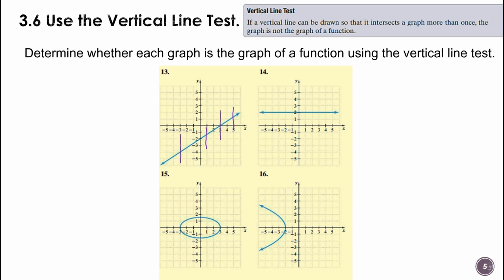So it is actually a fact that a line, unless it's vertical, is always going to be a function. So this one's a function. And if I said why, it's because each input has exactly one output.